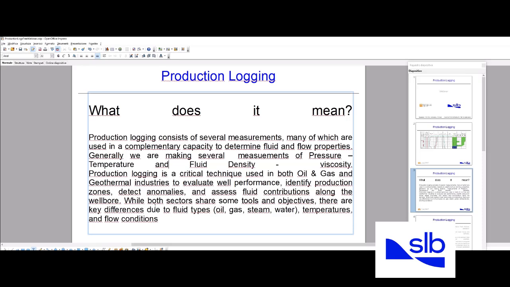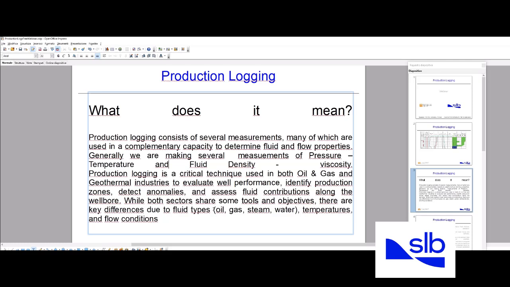So it is clearly a physical and fluid dynamics evaluation of well bore performance in different steps: pre-production, in production, and the long life of the well bore.